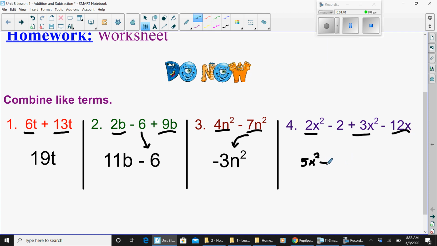There's nothing to combine that with, so that's negative 12x, and you're just going to put that there. And then also the next thing is that there's a negative 2, which you really can't combine with anything else. There are no other like terms that have just numbers, and that is the final answer, 5x squared minus 12x minus 2. And that is it.